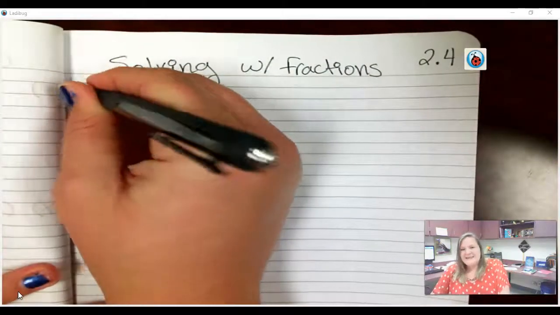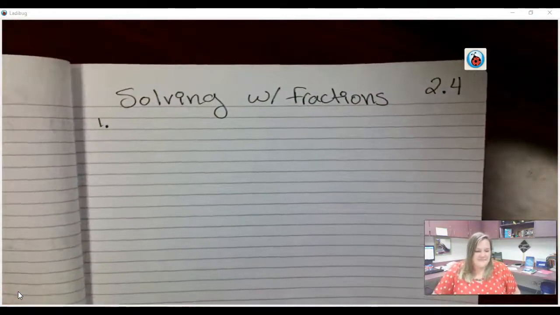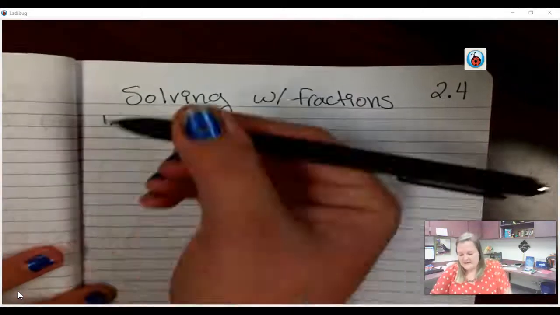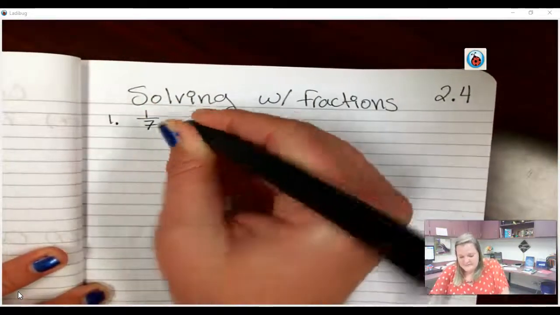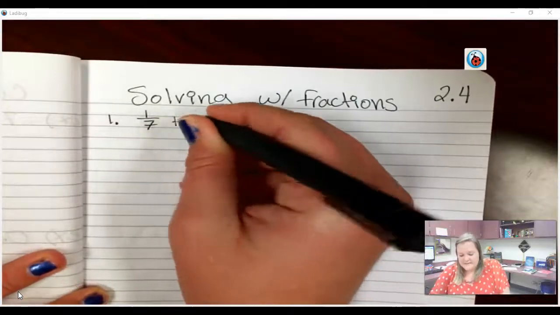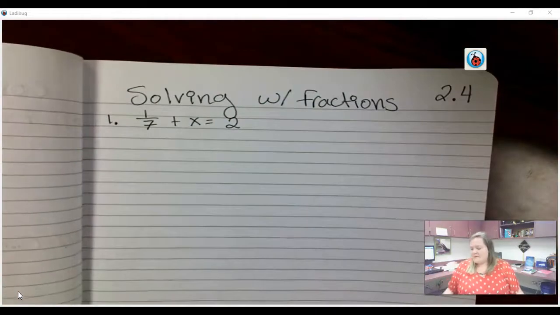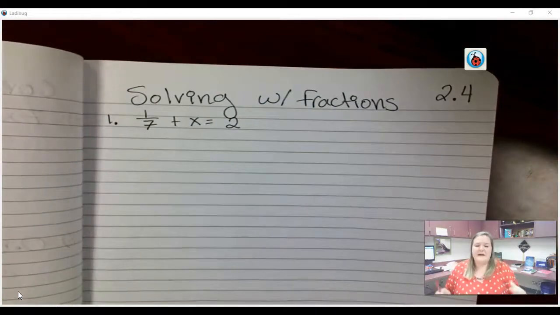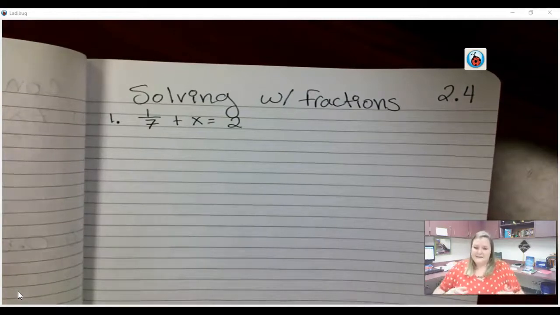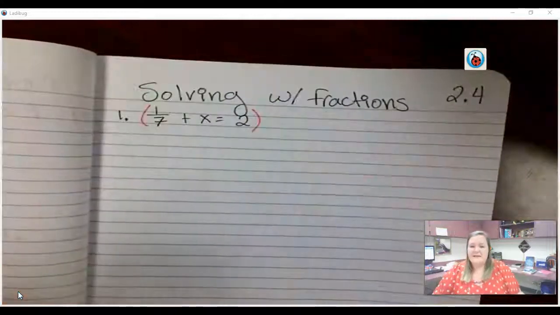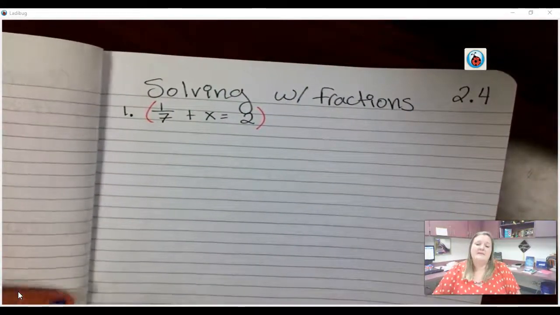Anyway, I showed y'all a trick where if you have 1 over 7 plus x equals 2, the way you get rid of the fraction, so that it's a nice problem, would be to multiply the entire equation by the common denominator.